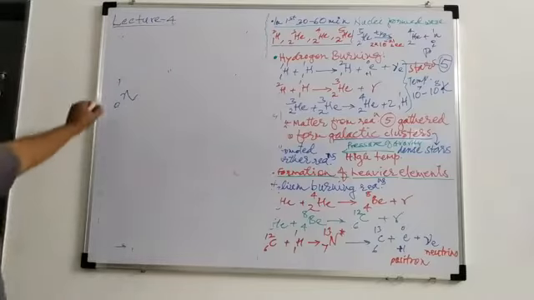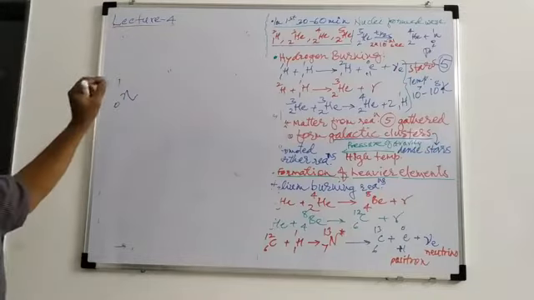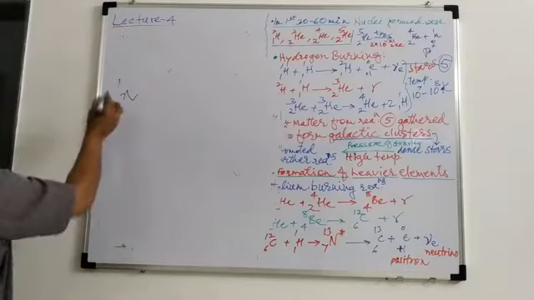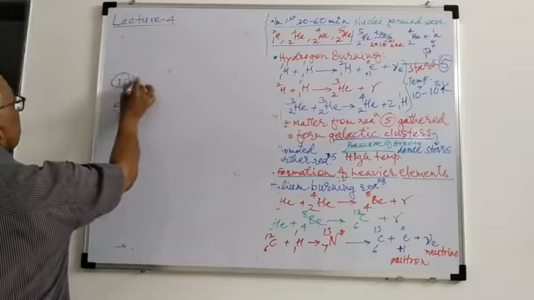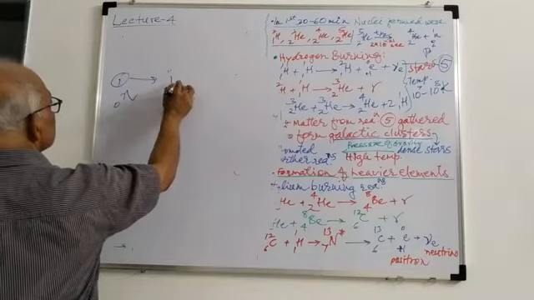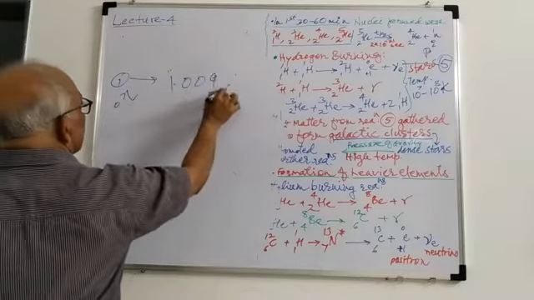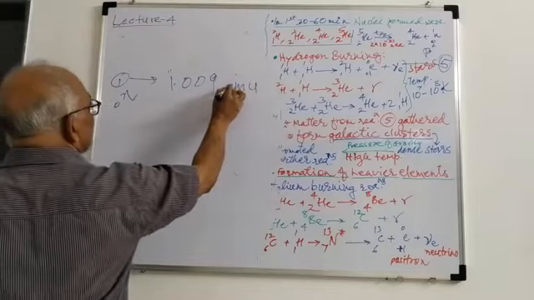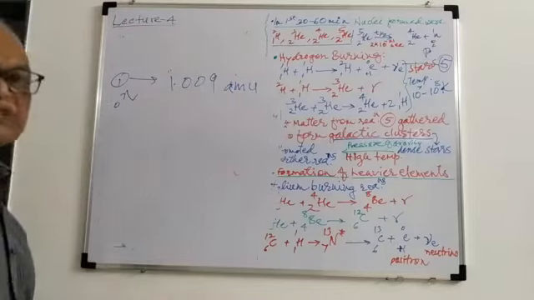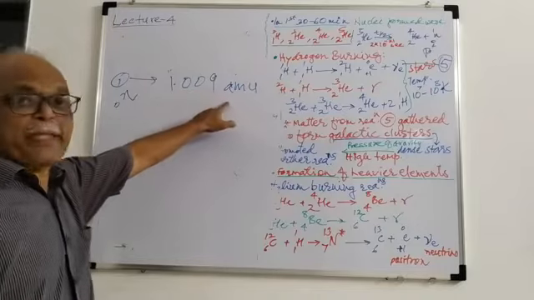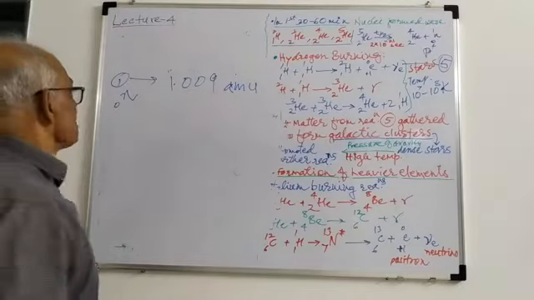This is the simple form of representation of the mass 1. But this is actually 1.009 AMU, that is atomic mass unit. This is actually the mass of the neutron.